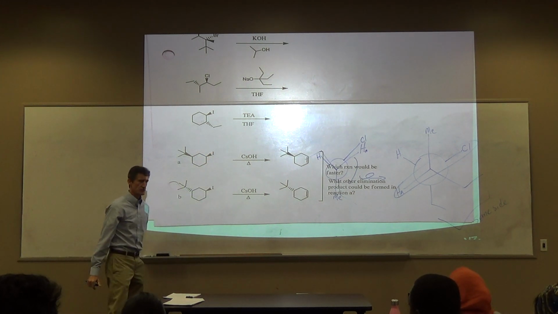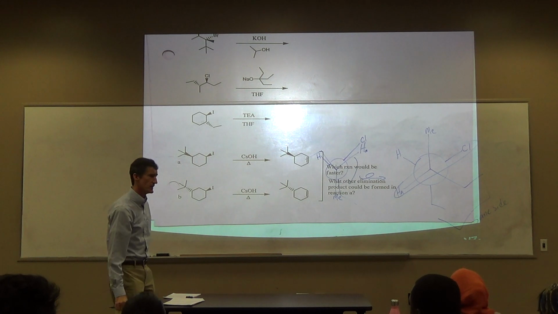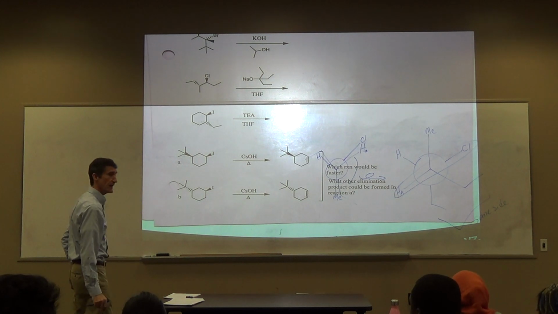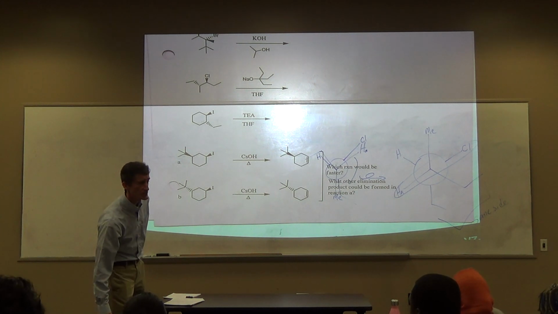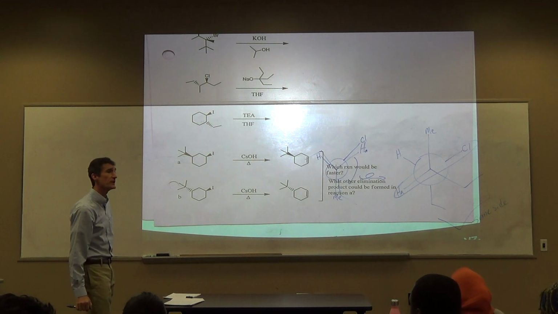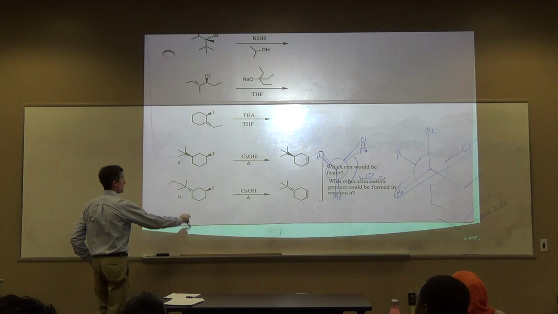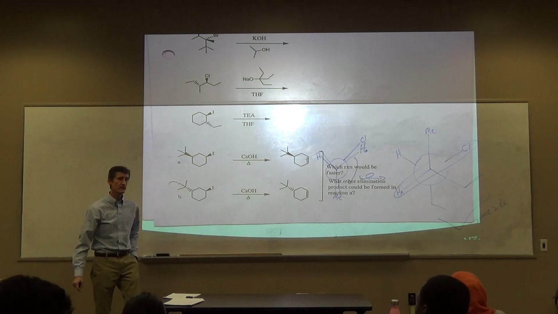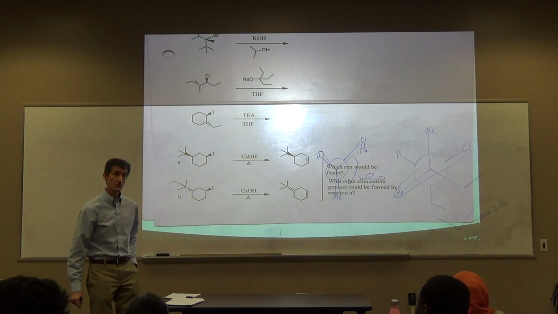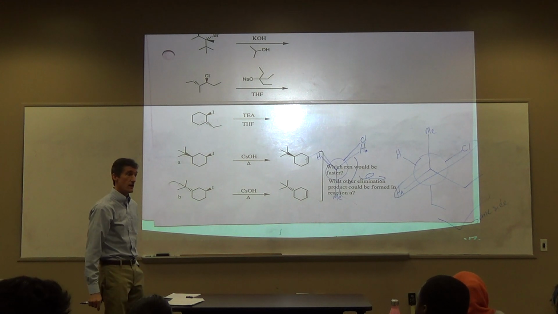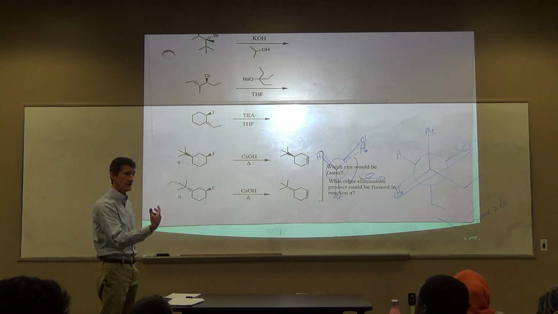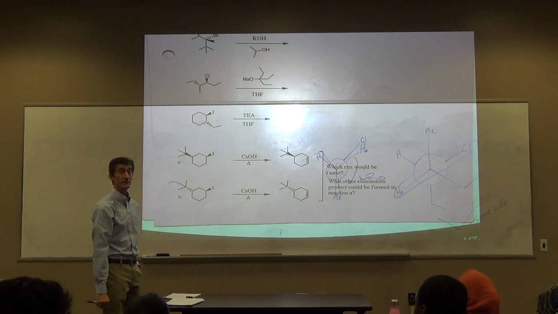It has to be in what position to eliminate on this cyclohexane? Axial. It actually has to be axial, because only when it's axial will it be anti-coplanar to a neighboring H. Okay. The question is really, in which one of these will the iodine more readily be axial? Because if in one compound the iodine is more readily axial, it exists axial more often, it's going to be able to eliminate faster.